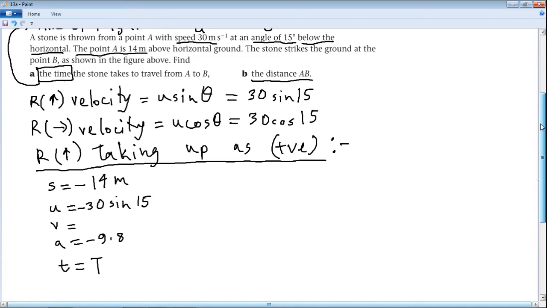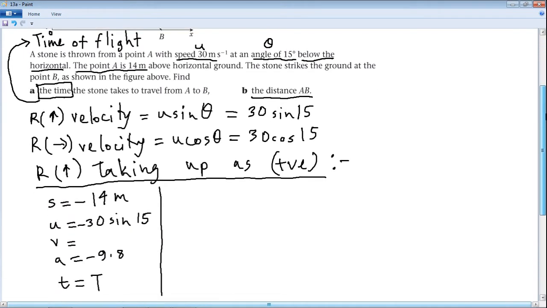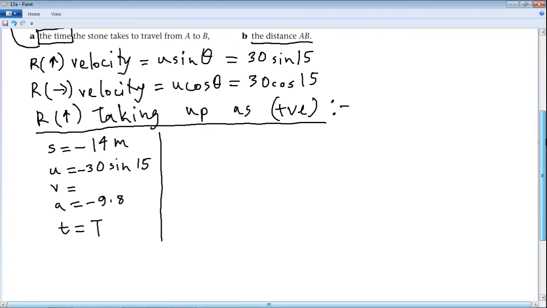That's why the time of flight will be equal. I hope you get it clear. Now let us select a motion equation. The appropriate equation will be s equals ut plus half a t squared.